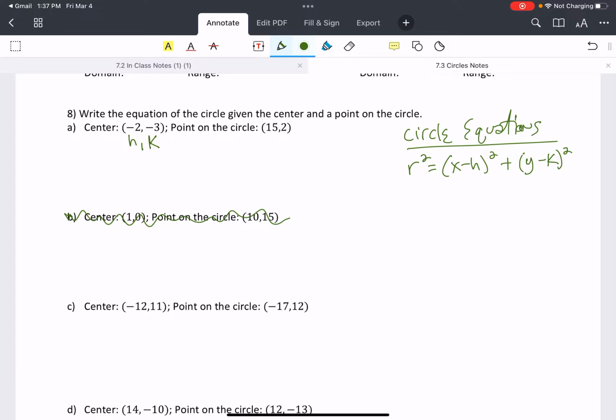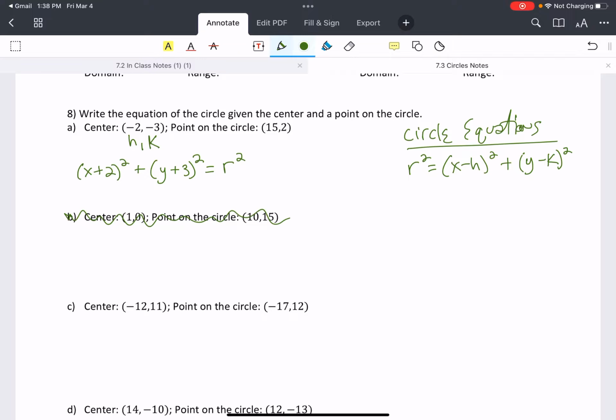Okay. So if that's my H and my K and I plug them in, when I put them into the parentheses, I always make them opposite, right? So I would do x plus 2 squared, y plus 3 squared equals... we don't know the radius this time, right?